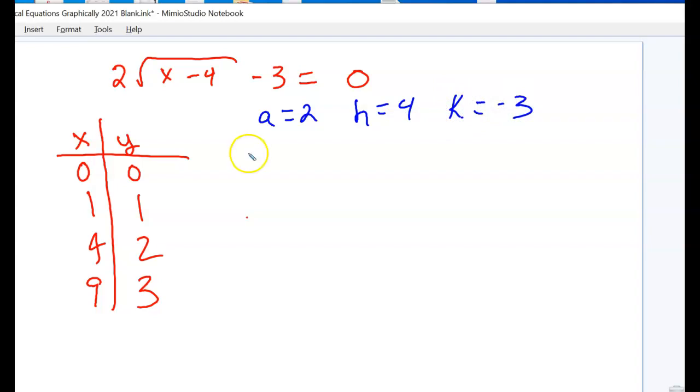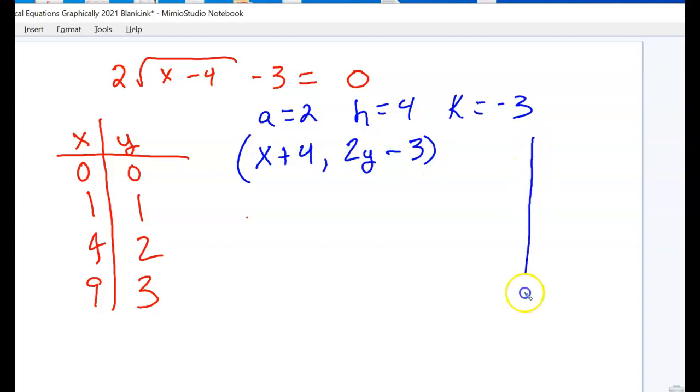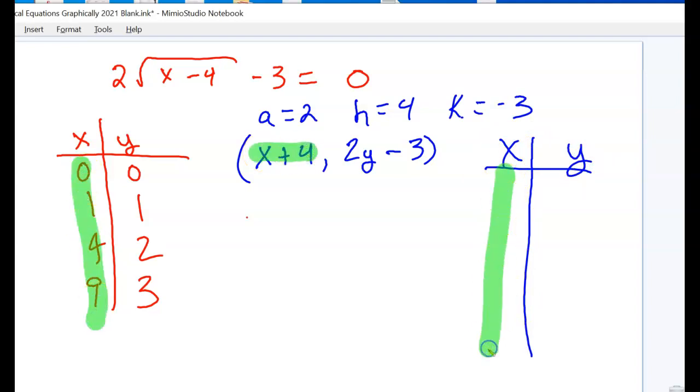So again, using my mapping notation, x over b plus h is going to be x plus 4, and ay plus k is 2y minus 3. I'm going to take these x coordinates, plug them in there, and they'll end up as the x coordinates of my new graph.